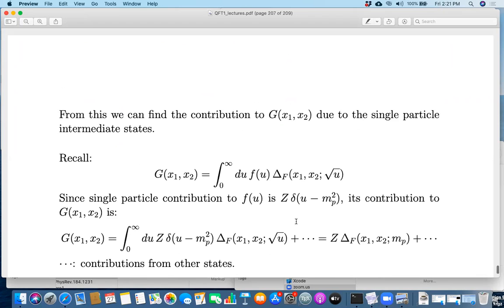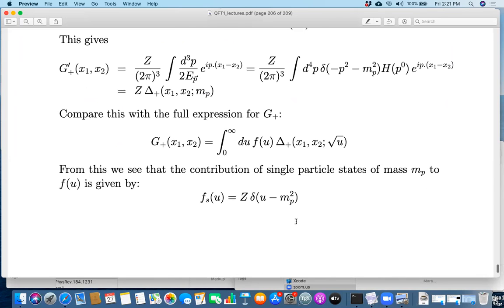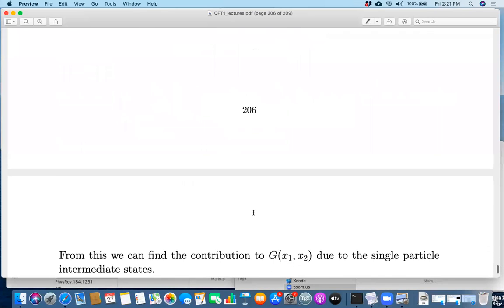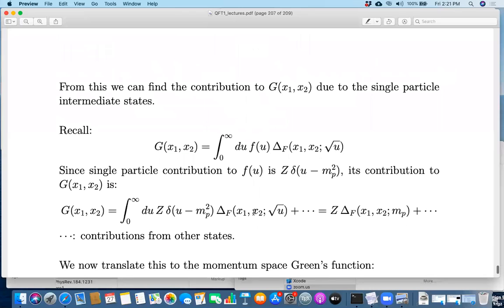Now, as I said, what we can easily calculate is not G_+, but G, the time-ordered product. So let's try to translate this to what it means for G. That's not very difficult. Let's look at the expression for G. G in terms of f is given by this expression over here.